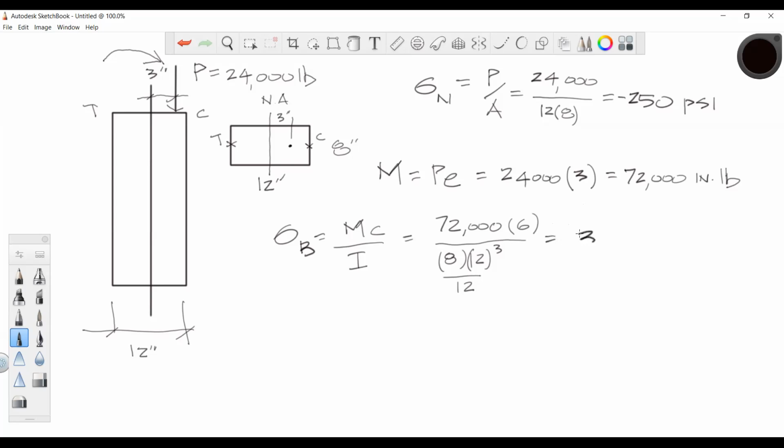I get 375 PSI due to the bending. Yeah, that's what I got too. You guys agree? Now let's think about this. This would tend to be both positive and negative. It's going to be positive at the back and negative at the front, because it's tension and compression due to the way that moment is occurring.